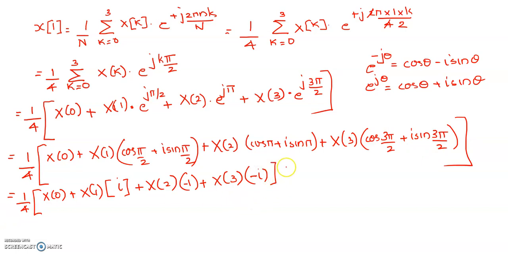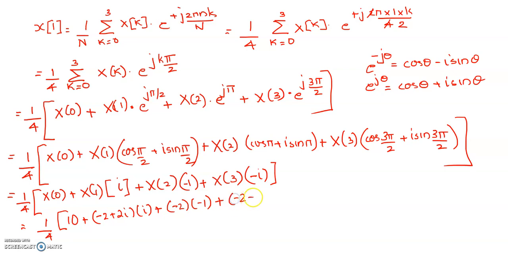So now when you expand this particular formula, we get 1 by 4, x of 0 is 10, and x of 1 is minus 2 plus 2j into j, plus x of 2 was minus 2 into minus 1, plus minus 2 minus 2j into minus j.